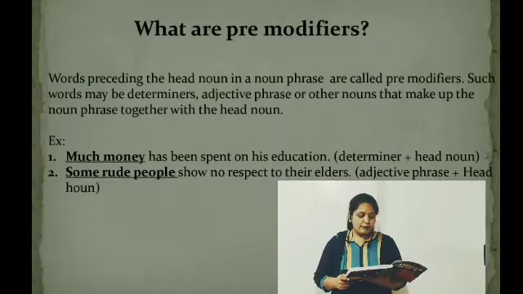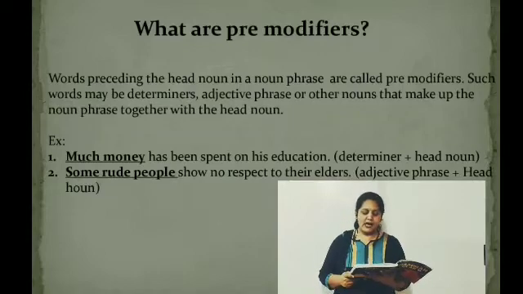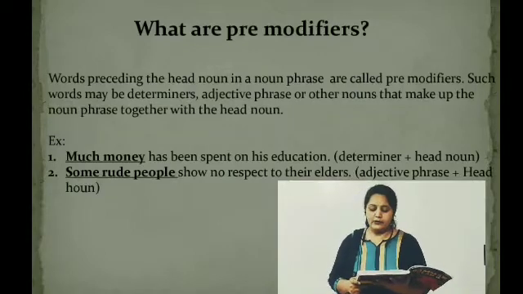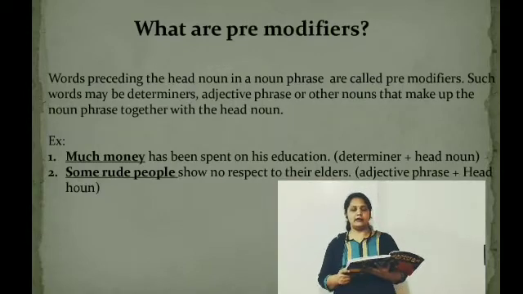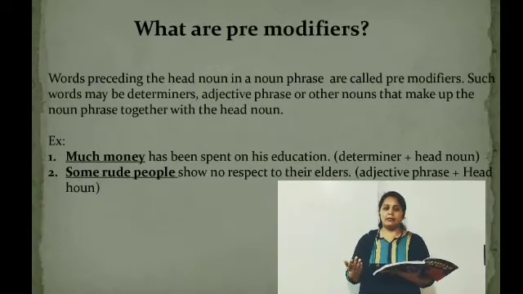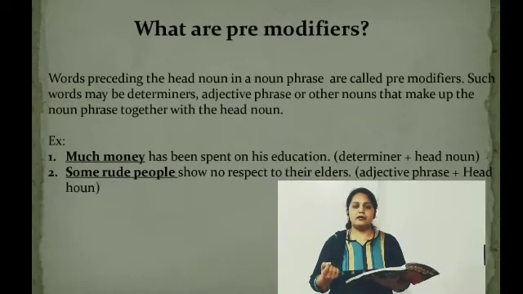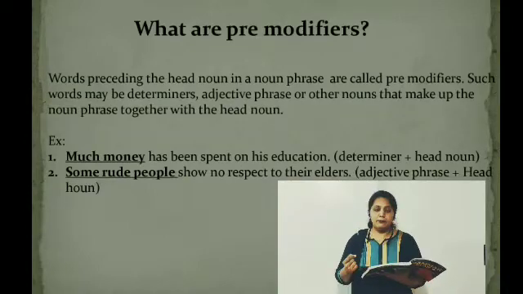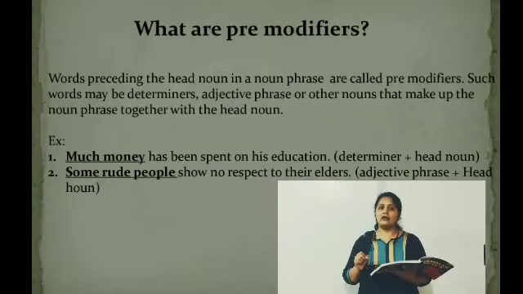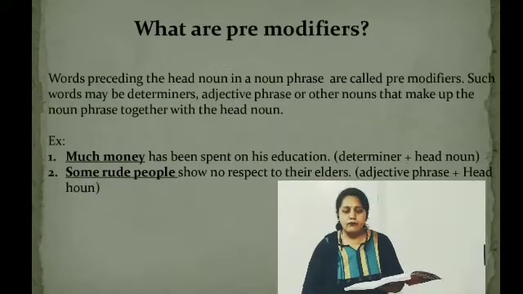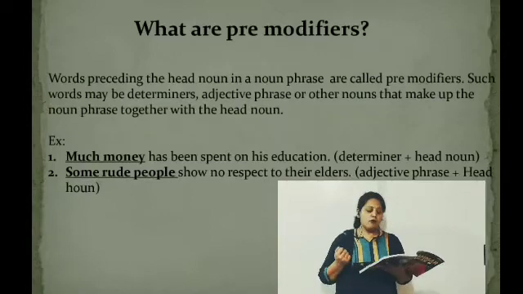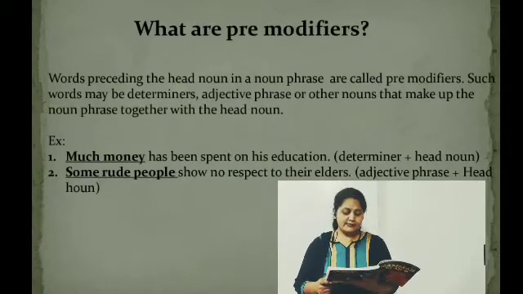Such words may be determiners, adjectives, adjective phrases, or other nouns that make up the noun phrase together with the head noun. So a pre-modifier can be a determiner, an adjective, an adjective phrase, or a noun. Let's see the examples.